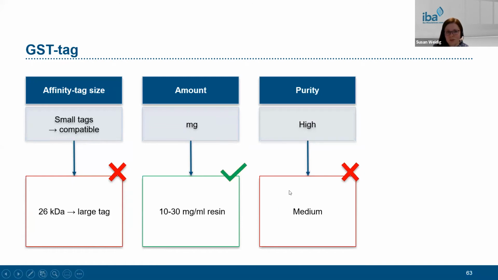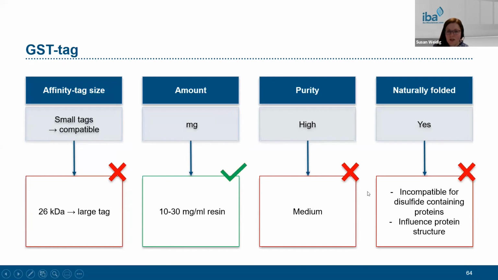The purity with the GST tag is more or less medium. And as I mentioned for the first requirement, the proteins are mostly not naturally folded, and you can also not use the GST tag for proteins with disulfide bonds, because you need reducing conditions and detergents cannot be added.